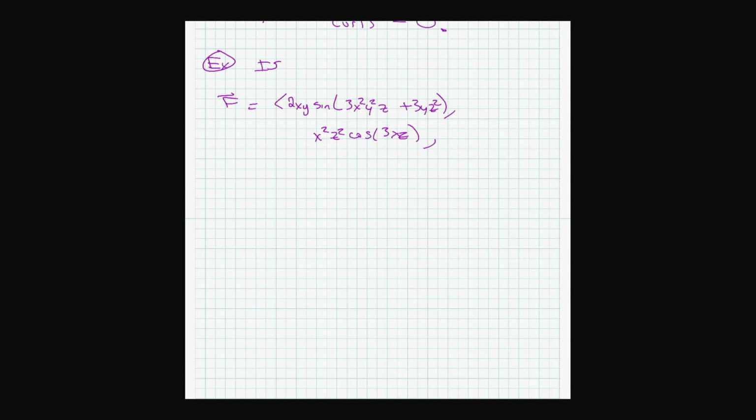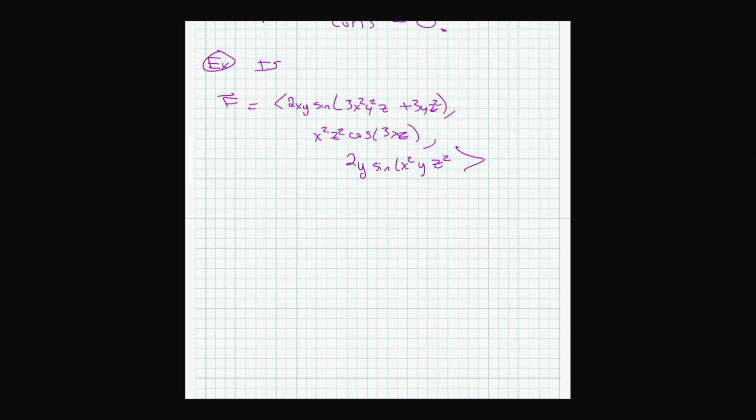I'm writing this on 3 lines because of how long it is. 2y sine x squared yz squared.